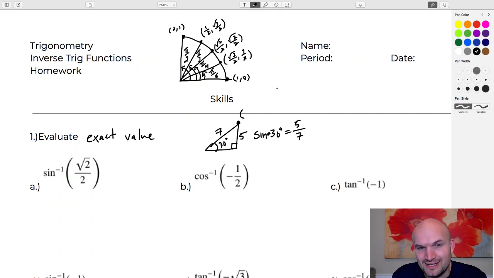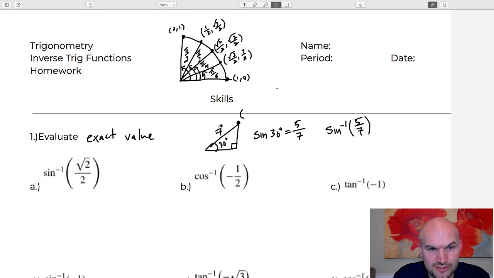But the important thing I'm trying to understand here is that when we're looking for the sine inverse, we're looking for the angle. So when I take the sine inverse of 5 over 7, and again, this is a really bad example because 5 over 7 is not the sine of 30 degrees, I should pick better values.